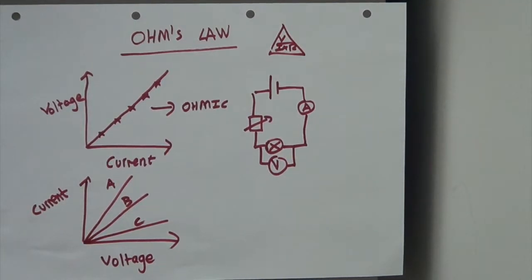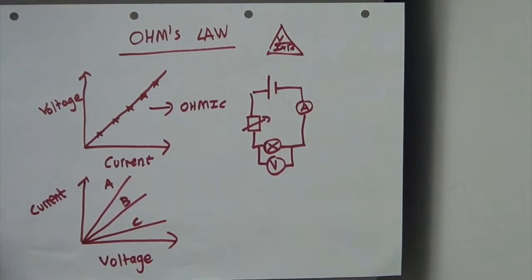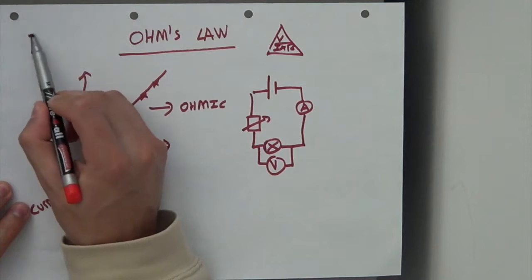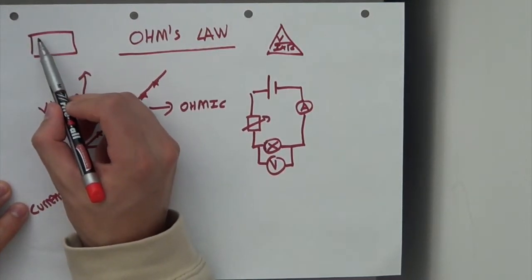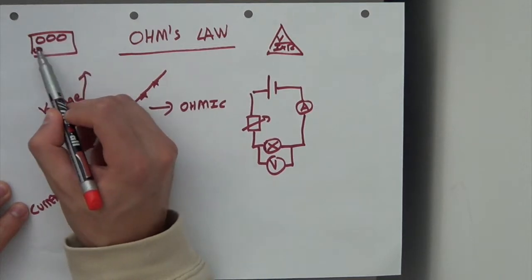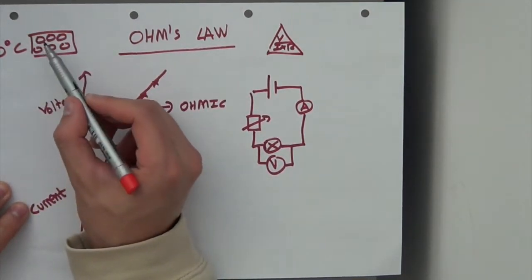Using your understanding of vibrations of particles when an object gets hot, imagine here's a cross-section of some rectangular object, and here are the particles. Let's say at 0 degrees Celsius, they're vibrating somewhat.